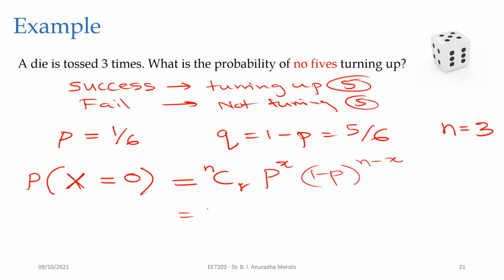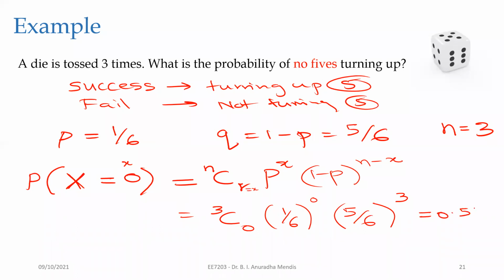We know that n equals 3, and x is 0 now. p is 1/6 to the power 0, and 1 minus p equals 5/6 to the power 3, because n equals 3. So what is the value for this one? This is roughly 0.578.